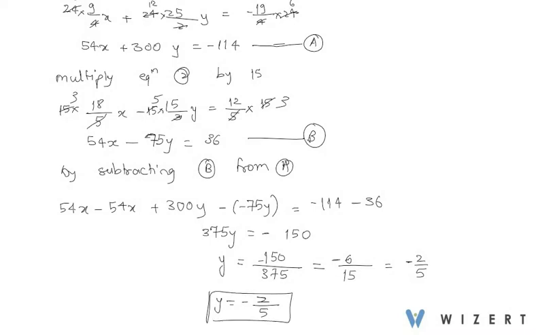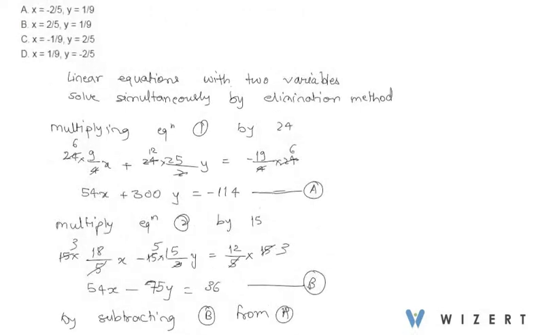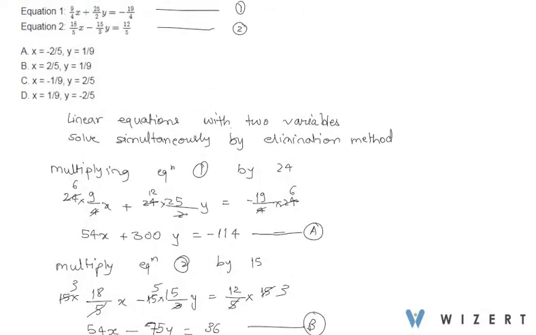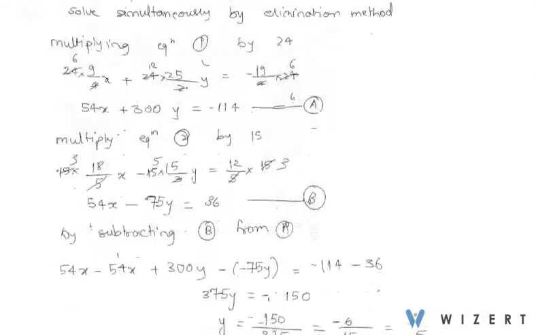Putting this value in equation 1, 9 by 4x plus 25 by 2y equal to minus 19 by 4.